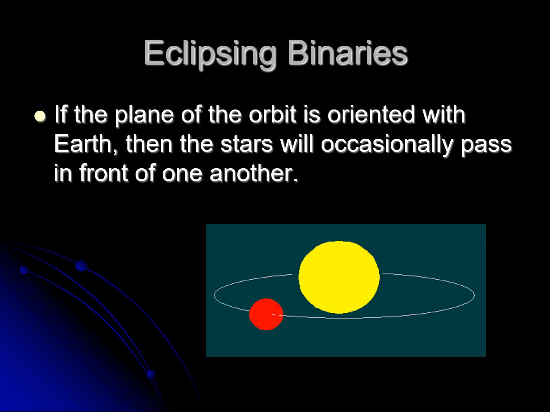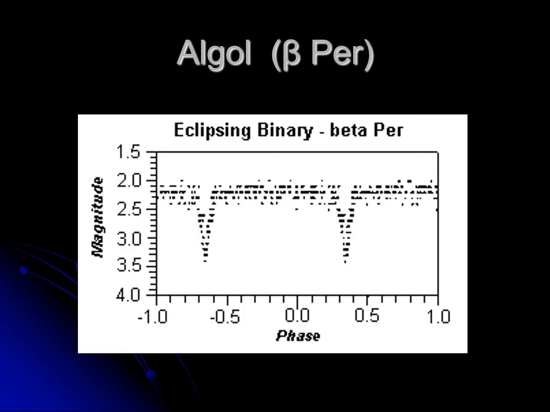Eclipsing binaries. This is what I studied in graduate school. In eclipsing binaries, you have a star that gets in front of the other, and when it does, the light dims down. The star Algol, Beta Persei, is actually an eclipsing binary. It's a variable star.